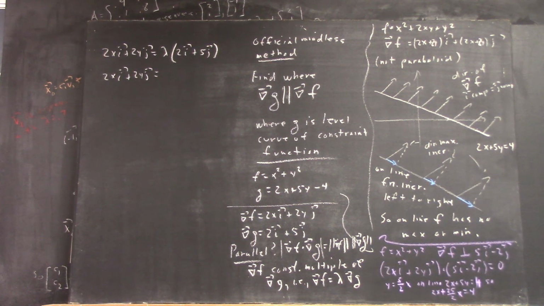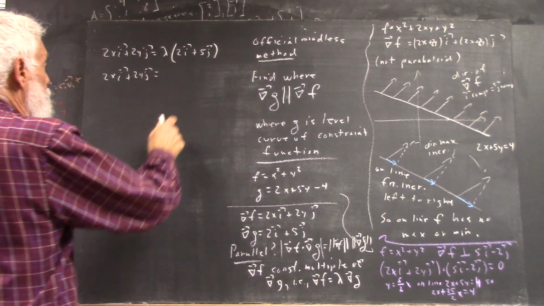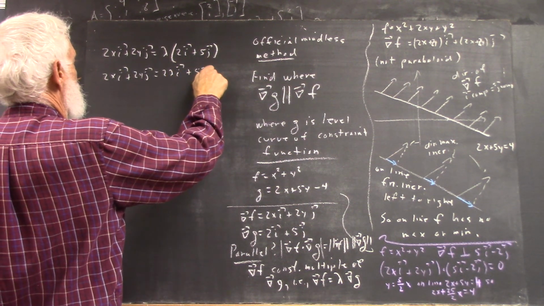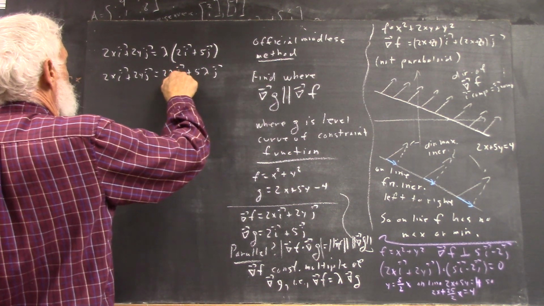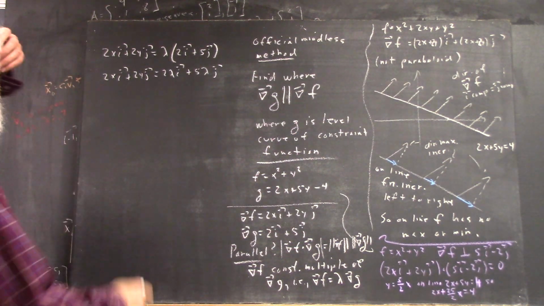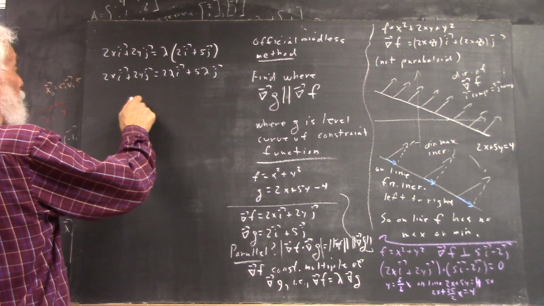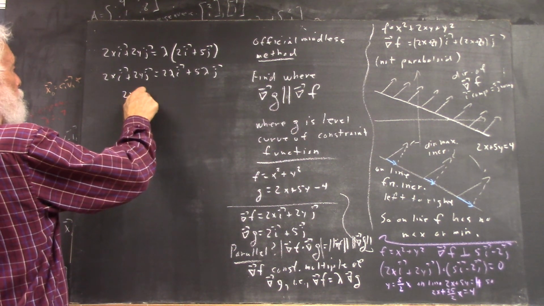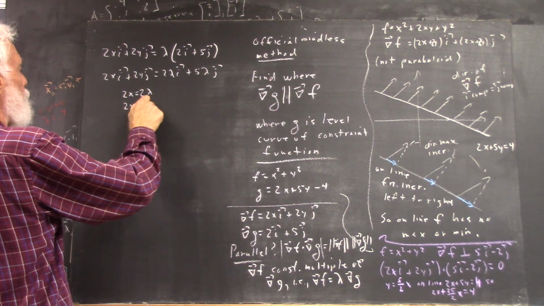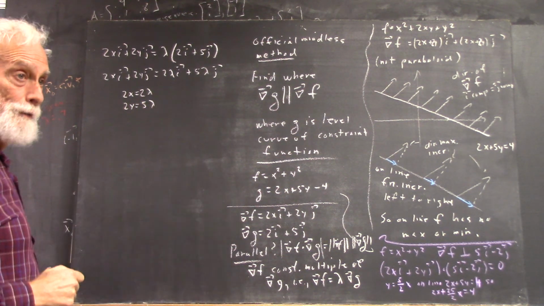Okay, well, not everybody's getting this, but it's just distribute the lambda, right? Now, how can these two be equal? Well, the only way they can be equal is if 2x equals 2 lambda and 2y equals 5 lambda, right?